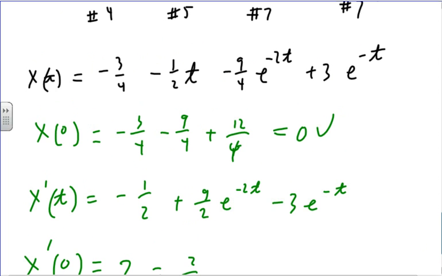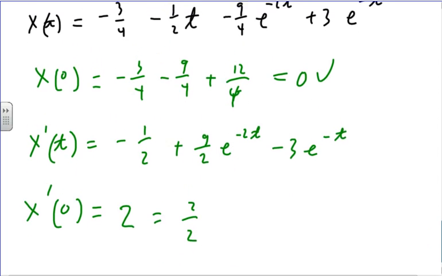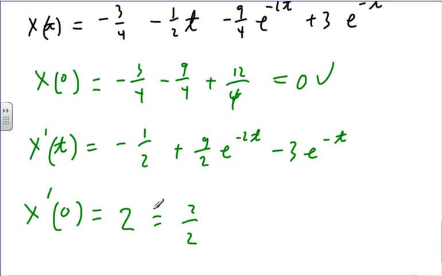That's not checking. Why is that not checking? Okay, I took the derivative right. One half from there is 4. 4 minus 3 does not check.